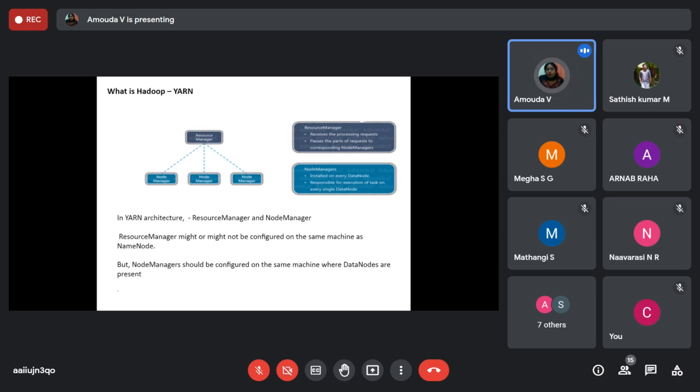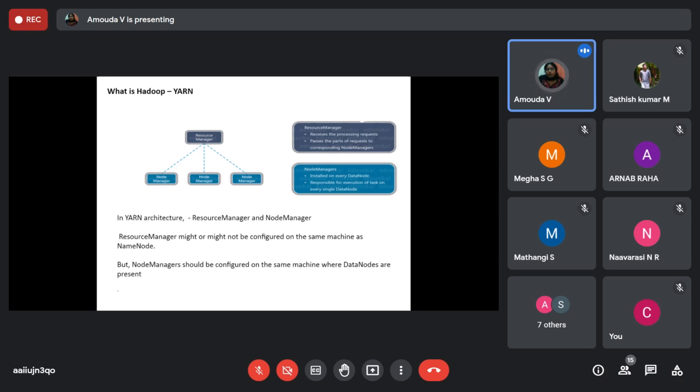Yarn is the next component, which has two components, that is resource manager and node manager. This resource manager acts the same as the name node. It oversees the function. It should be there in the same node where the data nodes are present.